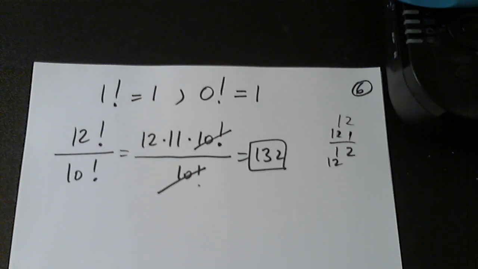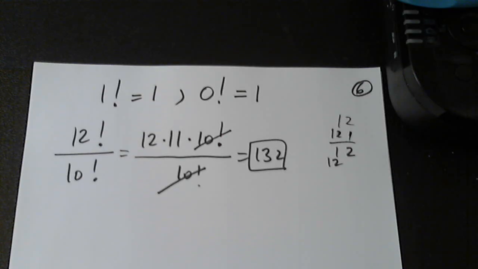How do I do this with the calculator? The calculator is limited. So be very careful, because if you try to put something huge, the calculator will not give us anything. So go to math, and this time you have to go to probabilities.